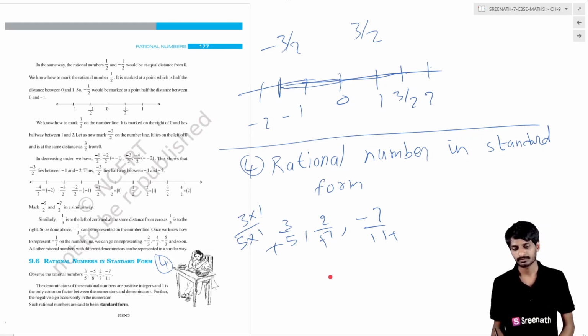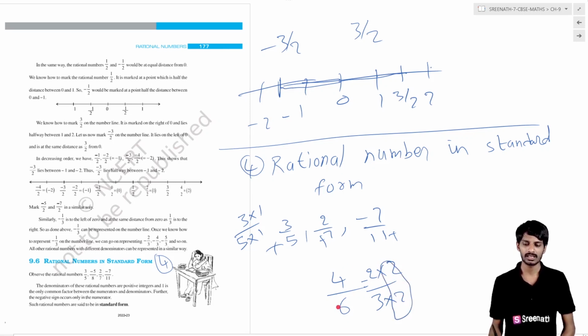Suppose you have 4 by 6, how can we write it? You can write it as 2 into 2, 3 into 2. So here 2 is the common factor for these two, and we can also write this as 4 into 1, 6 into 1. So 1 is also a common factor to both numerator and denominator, and 2 is also a common factor.